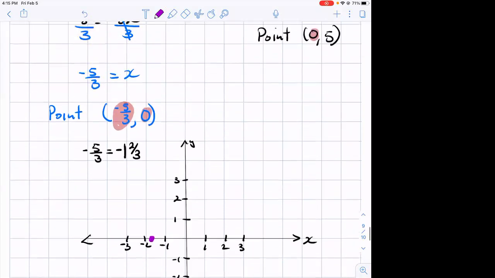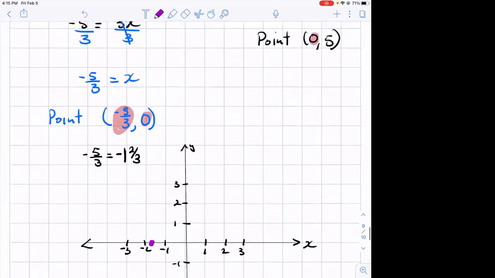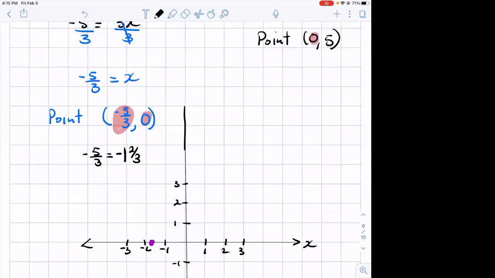And then if we look at the other point, x is 0 and y is 5. So I need to go up on my graph a little, okay? And that's my point here.